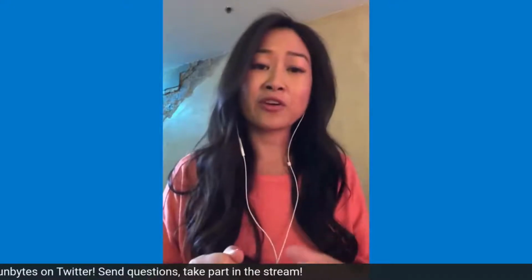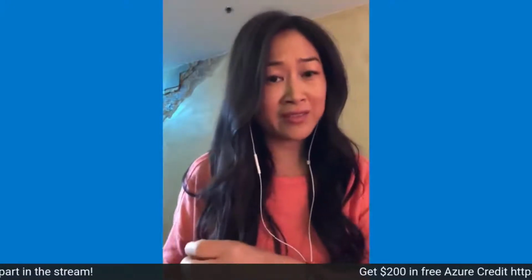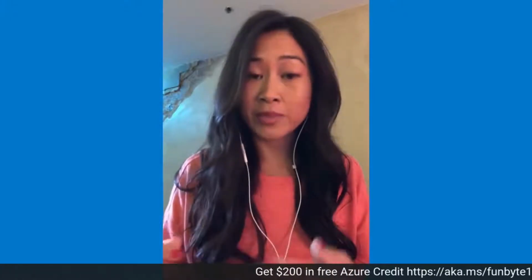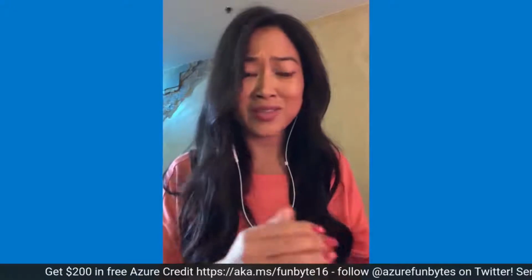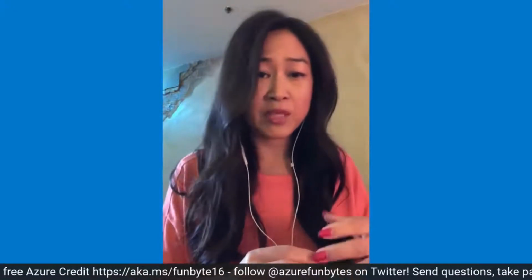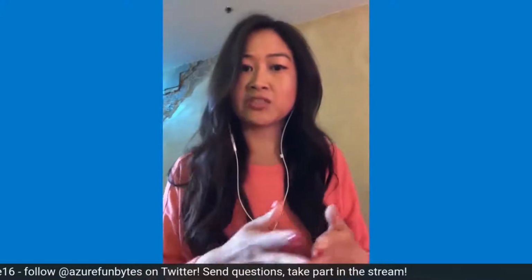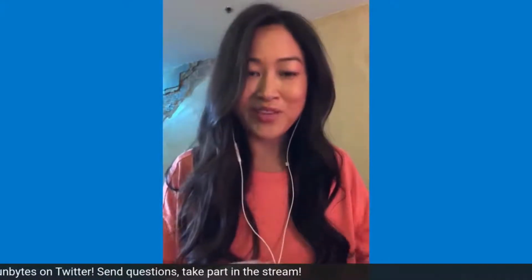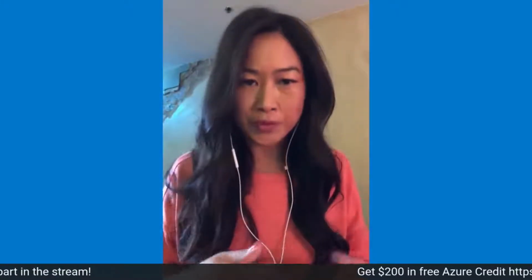I used the lab for everything. Since work really didn't provide a good lab environment, a good playground for me to break things, I would go home. I had a small little lab set up, and I only used a laptop. I spun up VMs, practiced PowerShell scripting that way, and I actually built Exchange servers within my laptop VM. It was great because it empowered me to learn more.